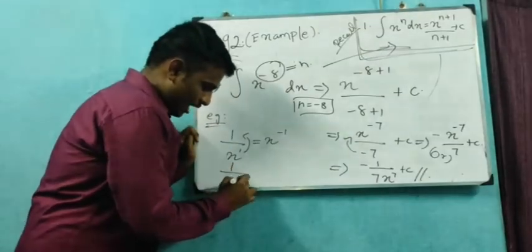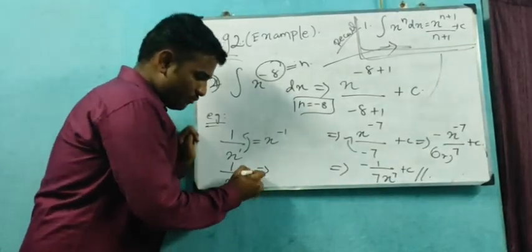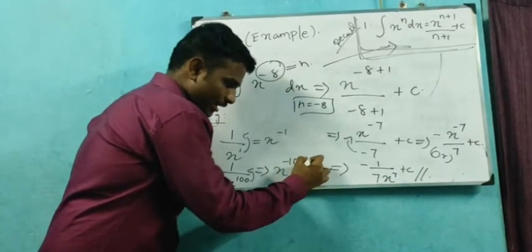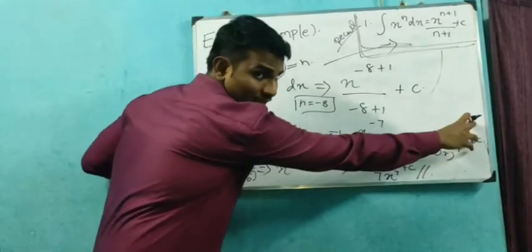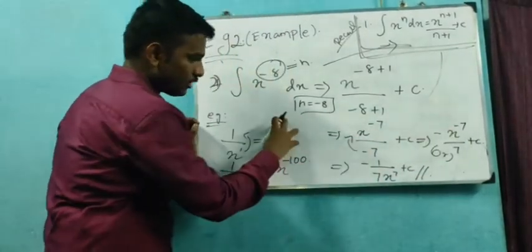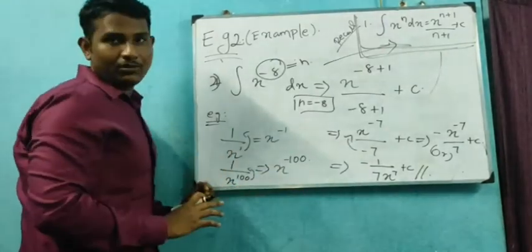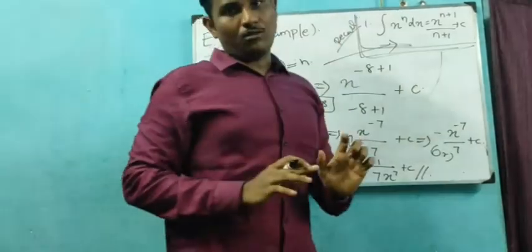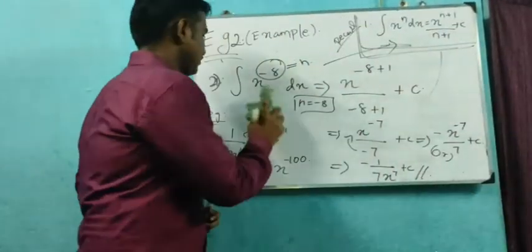Suppose I have 1 by x power 100; moving x to the numerator gives x power minus 100. Similarly, x power minus 7 can be converted into 1 by x power 7. Got it? So this is the second problem based on this formula. Next one.